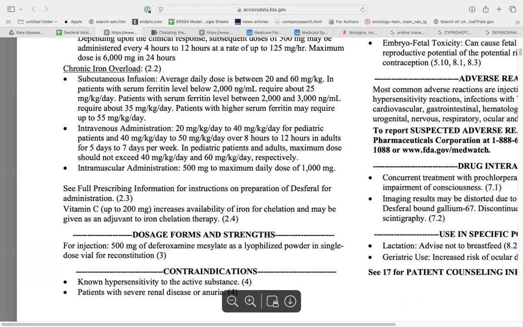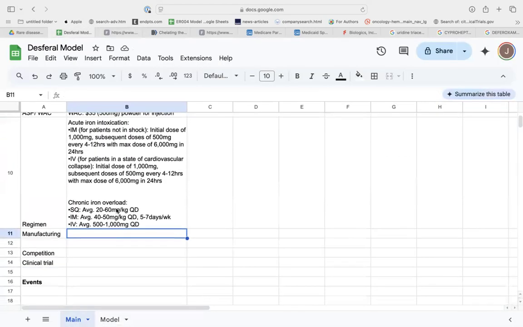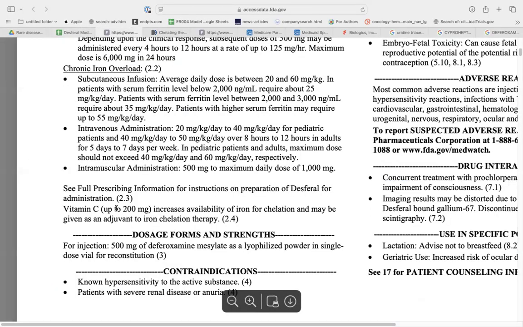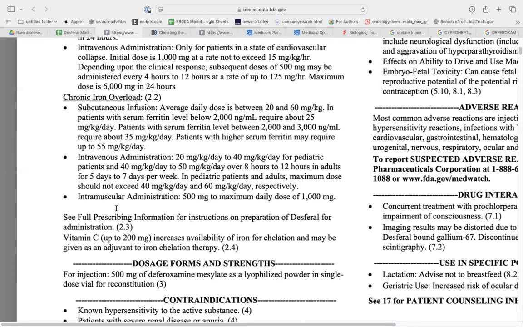Okay, interesting. So no matter, I guess it depends on how long you're going to take it each day. There's a big difference between the intramuscular dose and the subcutaneous one. Interesting.